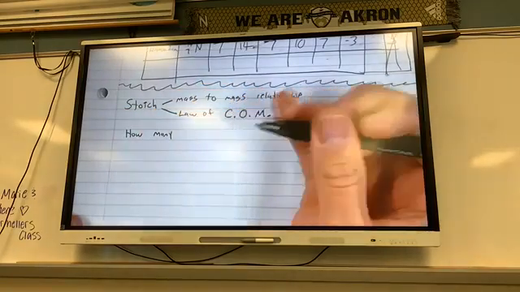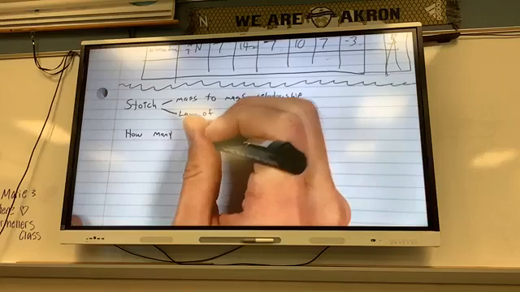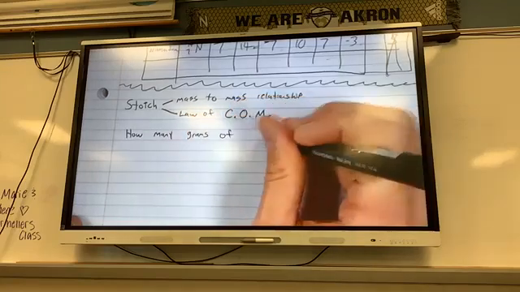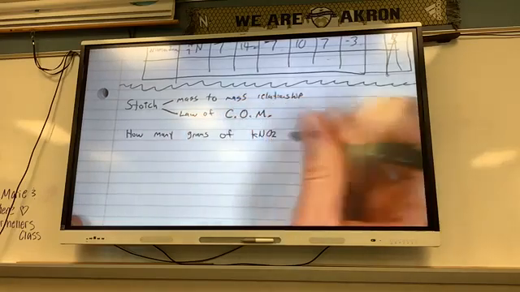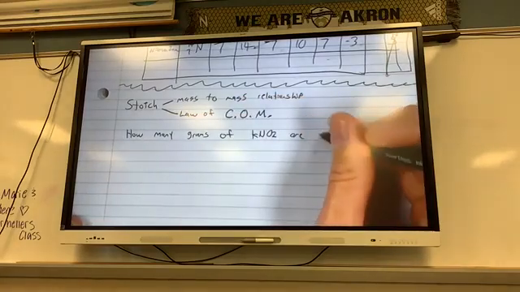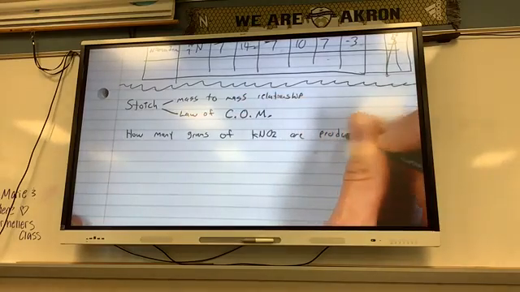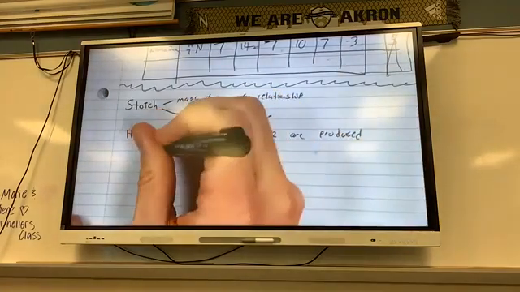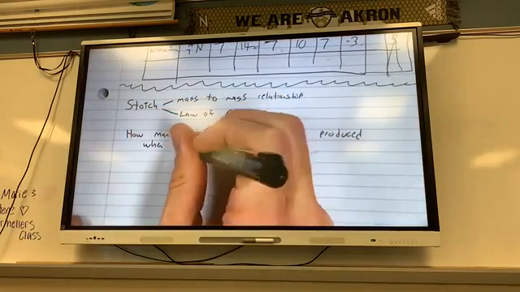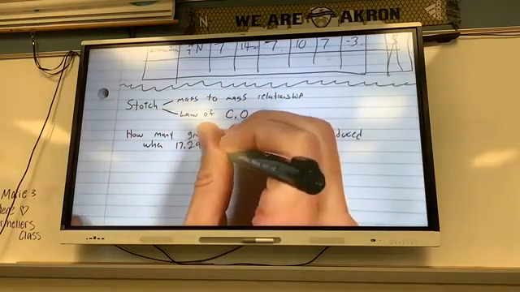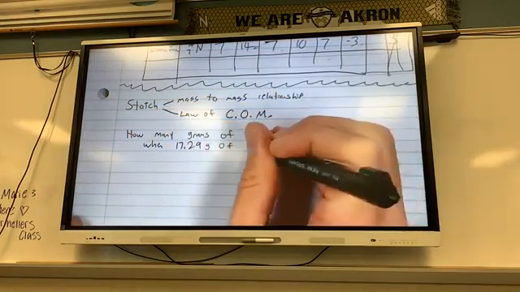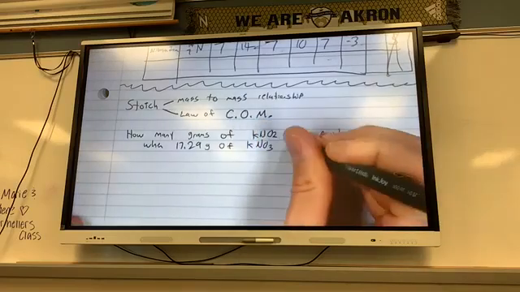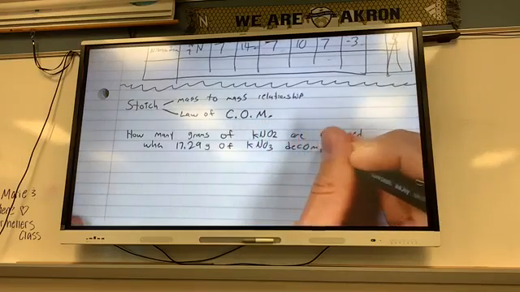How many grams of KNO2 are produced when 17.29 grams of KNO3 decompose?